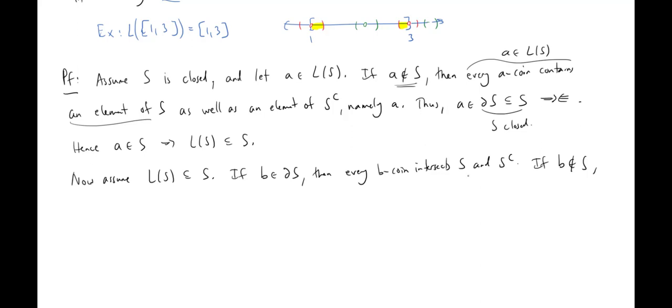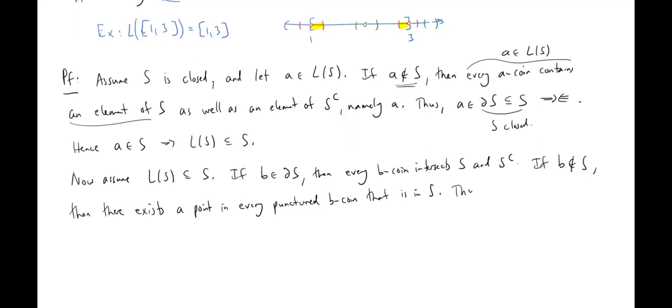And if B is not in S, then when we say this B coin intersects S, it's not the point B that does so, because B is not in S. So there exists a point in every B coin, or even in every punctured B coin, because it's not equal to B, that is in S. But this is precisely the definition of being a limit point: if every punctured B coin contains a point which is in S.